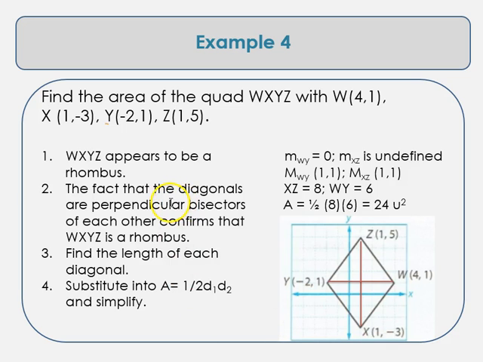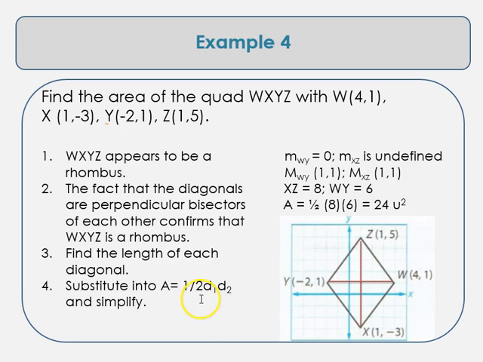So the fact that diagonals are perpendicular bisectors of each other confirms that this is a rhombus. Because these diagonals meet at this corner of the square, you have them surrounded by 4 90-degree angles, and this is a rhombus.